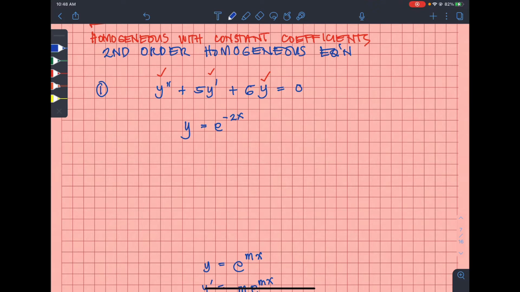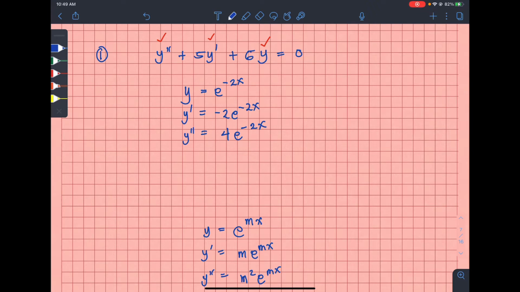let's determine the first derivative. y prime would be equal to negative 2 e raised to negative 2x, and the second derivative would be positive 4 e raised to negative 2x. Then we're just going to substitute into the original equation. y double prime is 4 e raised to negative 2x, plus 5 times y prime, which is negative 2 e raised to negative 2x, plus 6 e raised to negative 2x equals 0.